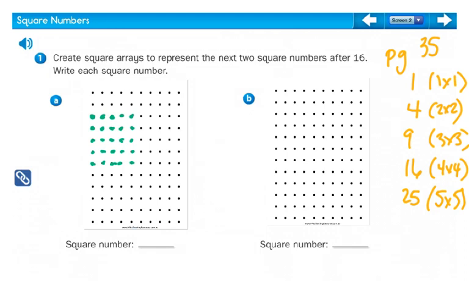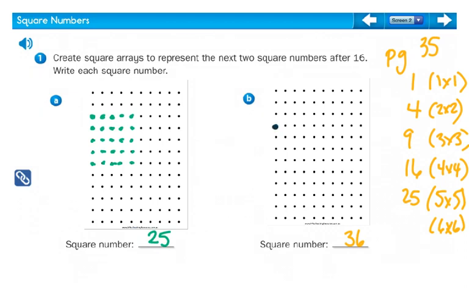The square number is 5 times 5, which would be 25. Next, I would take 6 times 6 if I continue my pattern. And 6 times 6 is 36. Would you go ahead and draw 36?